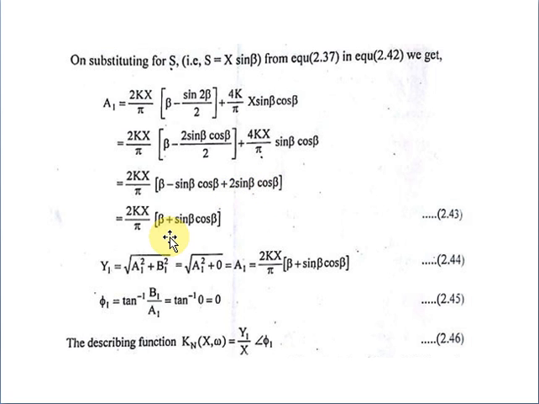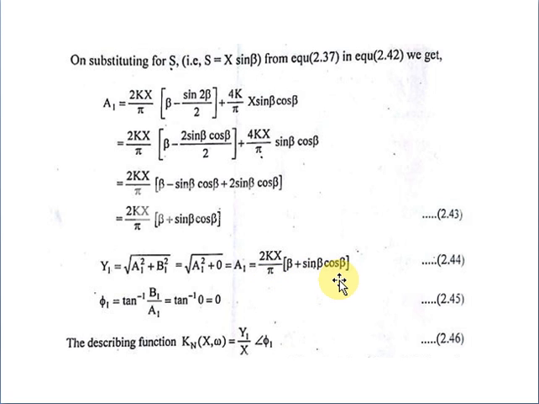From this we got a1 equals 2kx by pi into beta plus sin beta cos beta, and also we know that b1 equals 0. Therefore y1 equals root of a1 square plus 0, that is equal to a1 equals 2kx by pi into beta plus sin beta cos beta, and phi1 equals tan inverse b1 by a1 equals tan inverse 0.